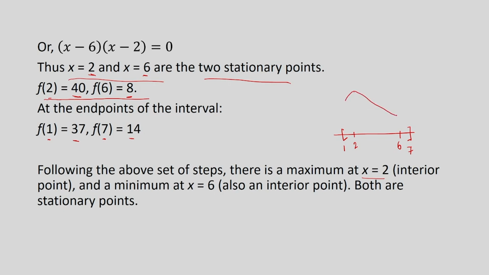So, the function is something like this. Okay. So here you have the minimum value and here you have the maximum value. And as you can see, both 2 and 6, the extreme points are actually stationary points in this example.